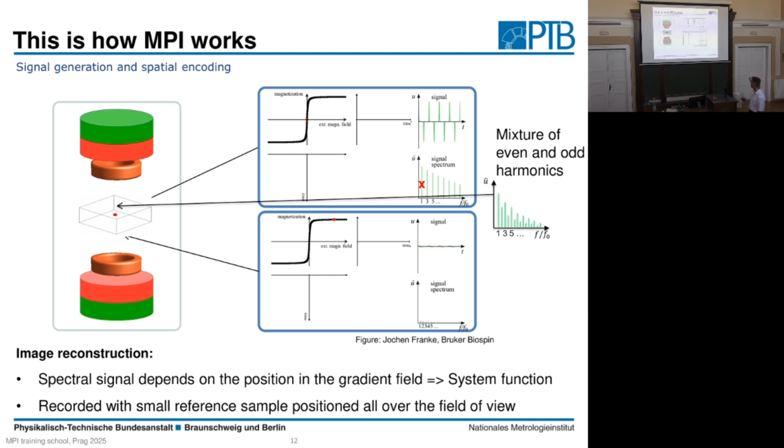Further, if we add the gradient field, only the particles in a very small volume, the field-free point or field-free line, can generate higher harmonics. Outside, the higher harmonics do not exist.